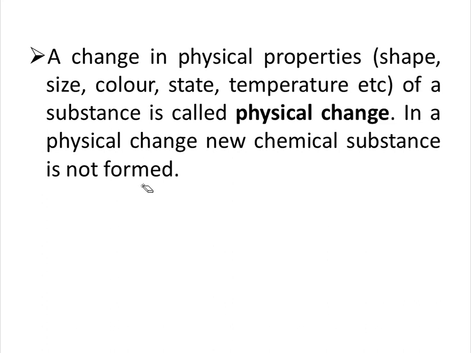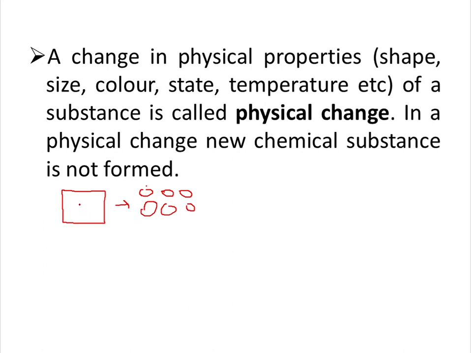Now let's see few examples to understand these things. Say I have taken a piece of paper, right? And what I do, I tear it apart into smaller pieces. So I'll get many small pieces of paper. So here you can see what is happening actually.